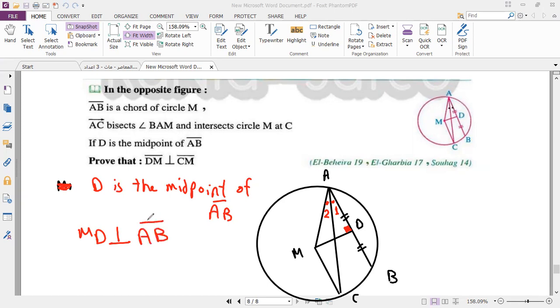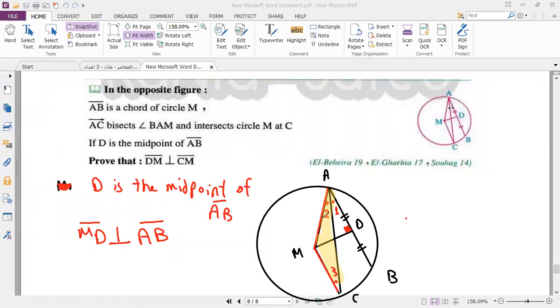What is the next? This is the radius in the circle here. MA is the radius, and MC is the radius. So this triangle is an isosceles triangle. So we can write simply angle 3 here.